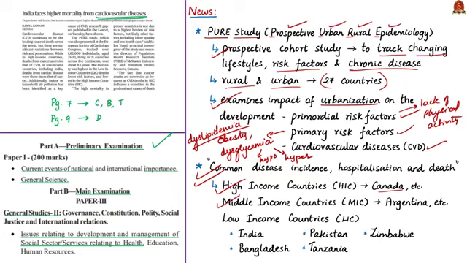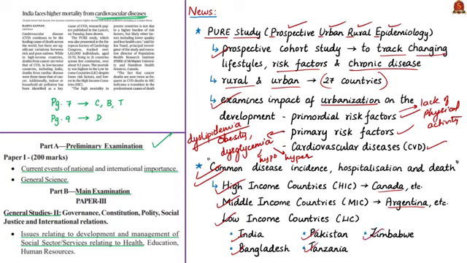And the middle income countries were Argentina, Brazil, Chile, China, Colombia, Iran, Malaysia, Palestine, Philippines, Poland, Turkey and South Africa. And the low income countries were India, Bangladesh, Pakistan, Tanzania and Zimbabwe.